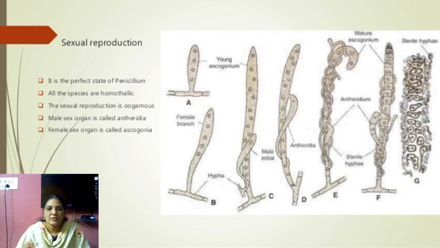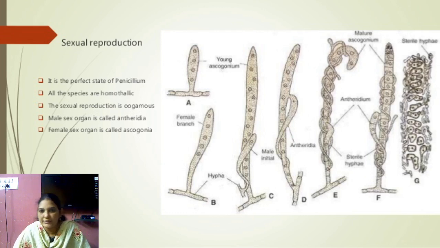The chamber is called an ascus. So many asci are present in the ascogonium, surrounded by the ascogonium outer layer.